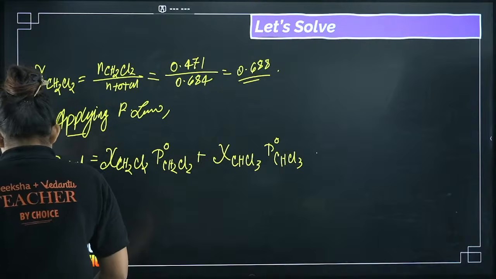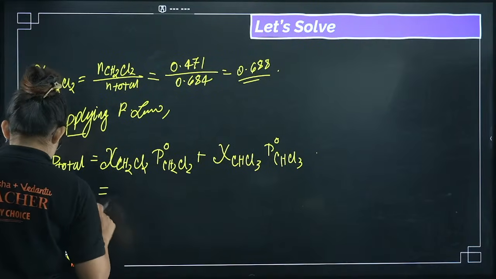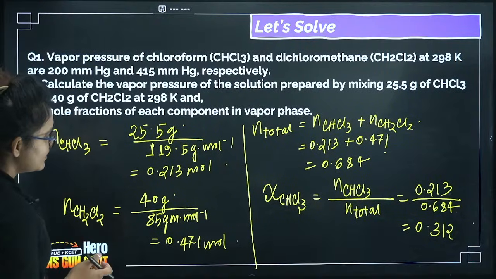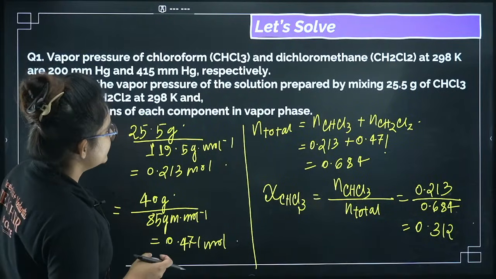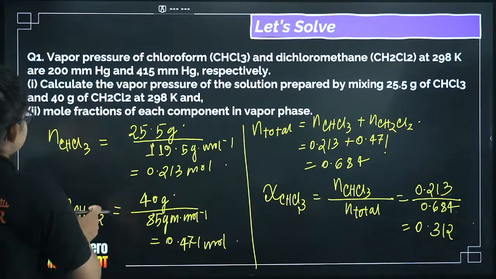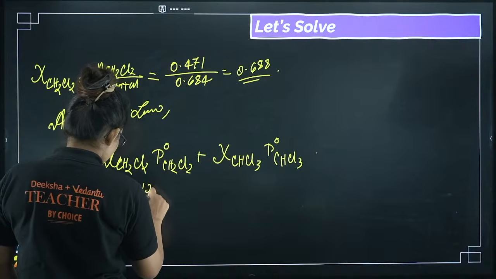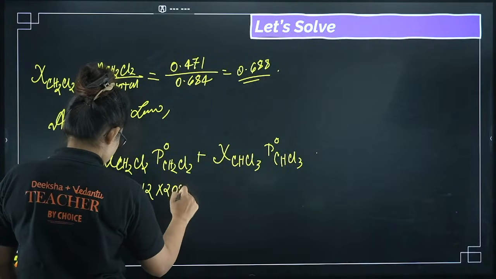Now let's put the values. What is the mole fraction it came? 0.312, and pressure is 200. So 0.312 into 200 mm of Hg.